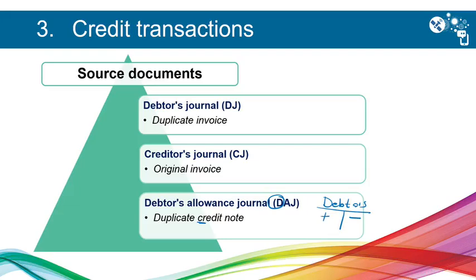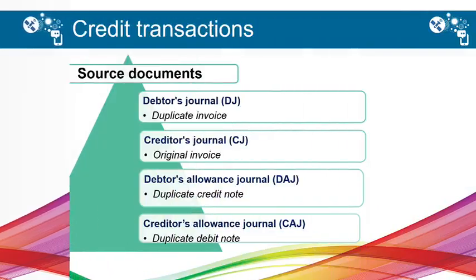Because the debtor returned goods, now we inform them that we are going to credit their account, we're going to decrease. Yes, they will send us a debit note to say that they're going to debit our account because we are crediting their books. But we look from our point of view. Therefore, we will send them a credit note.